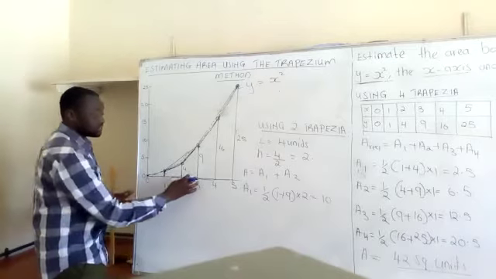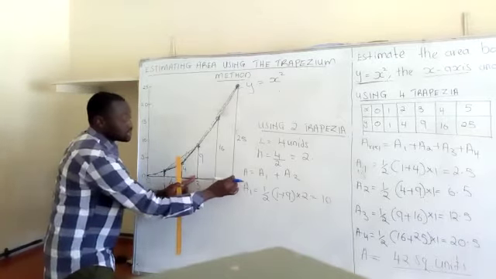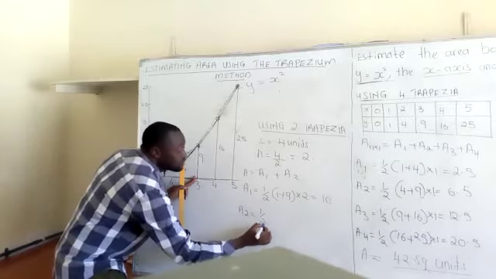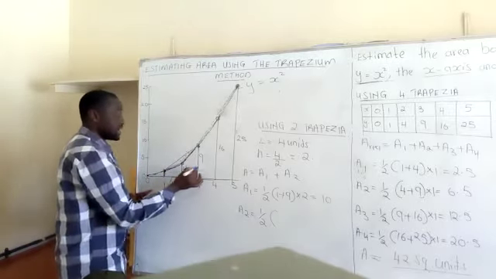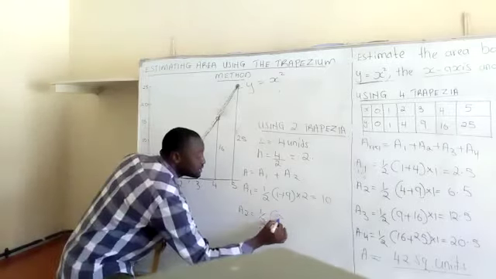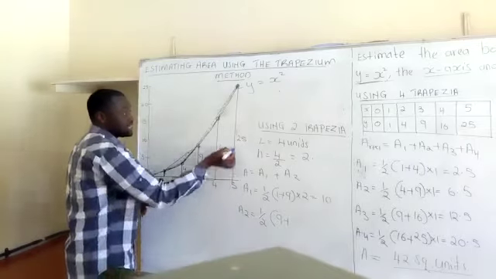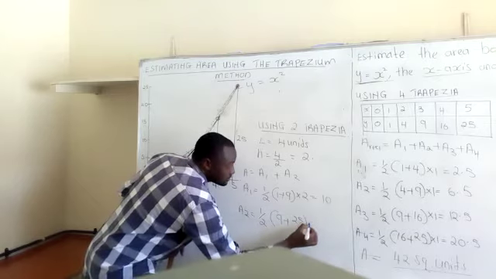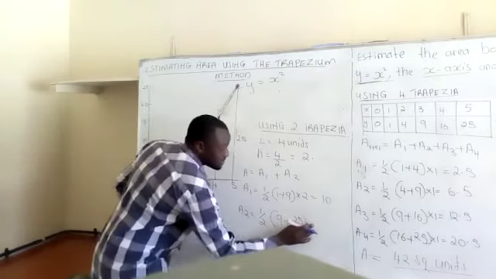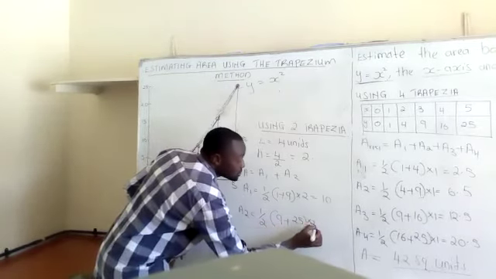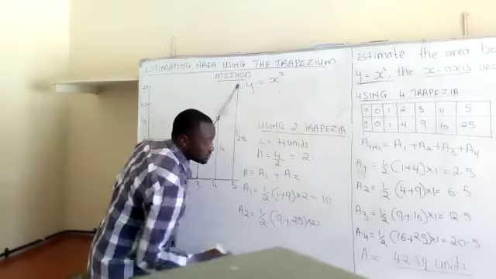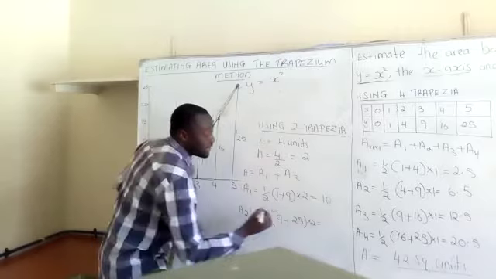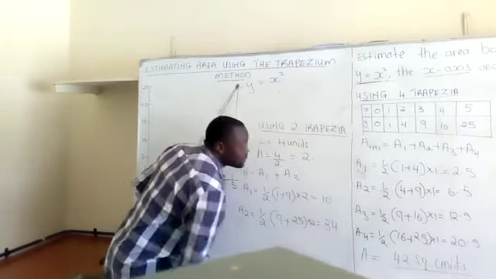Then again, for the second one, from 3 to 5, area 2 will be a half. The length here is 9, plus the length here is 25. We are multiplying by 2, and the 2 will cancel out to give us 1. 25 plus 9, that gives us 34.